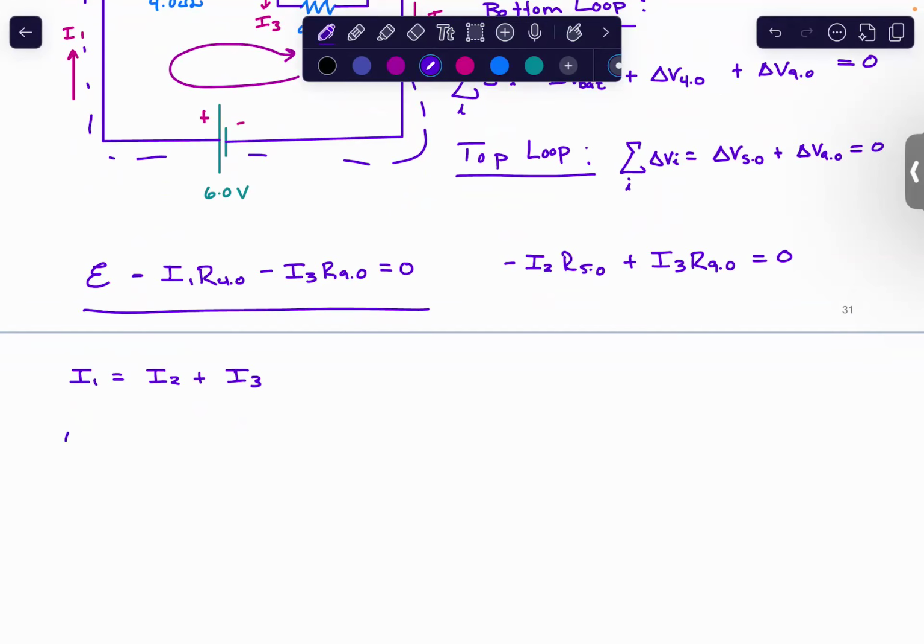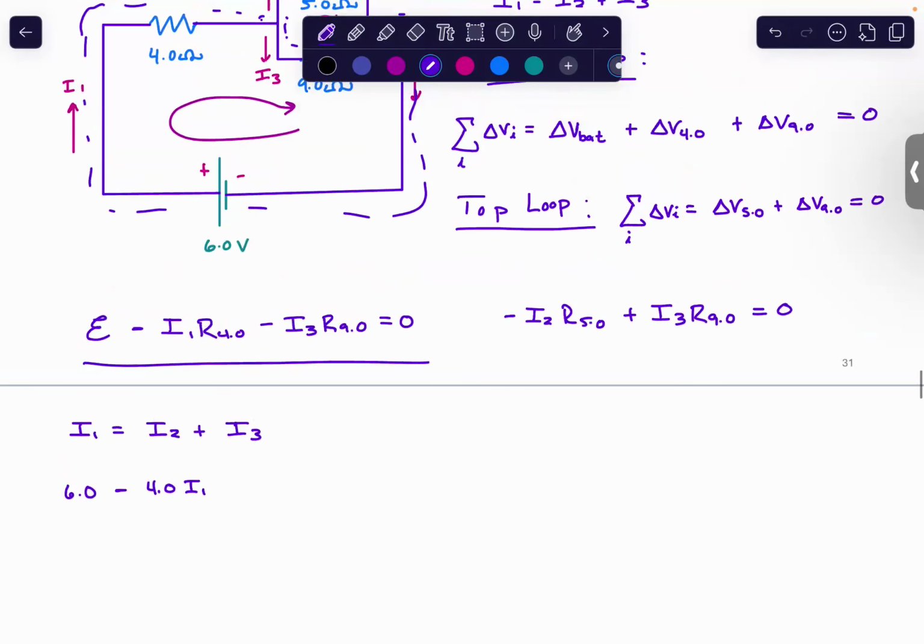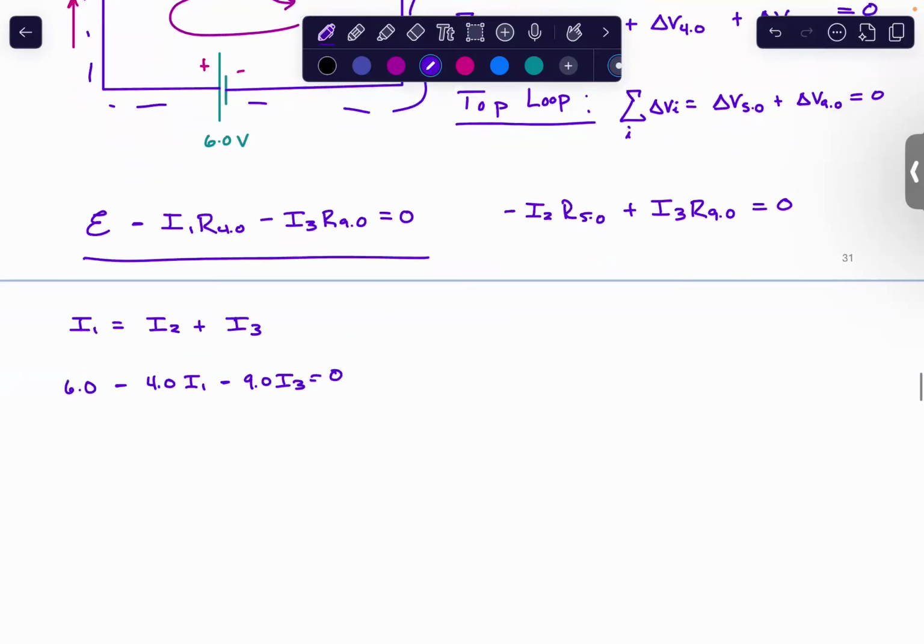So 6.0, I'm leaving units off for the time being, minus the 4 ohm, that's going to be 4.0 I1, and then minus 9.0 I3, that equals 0.